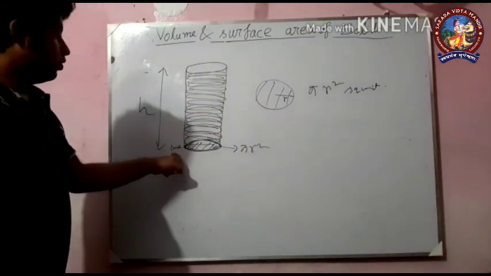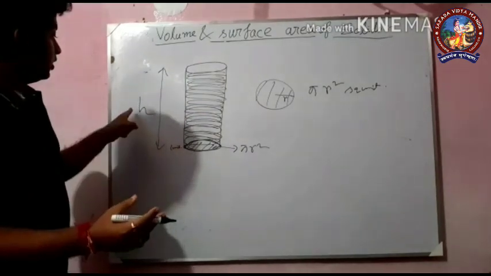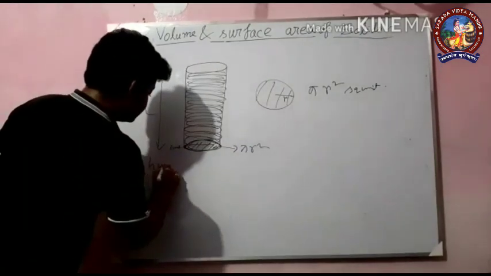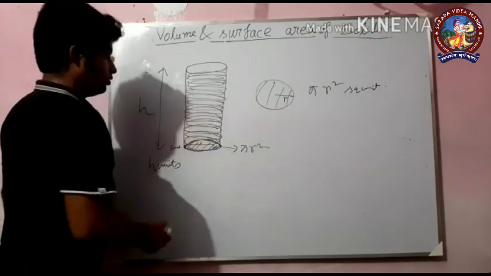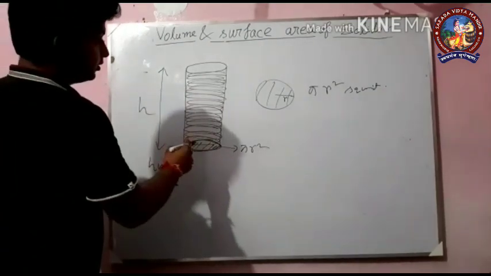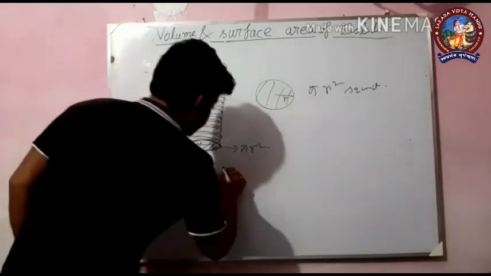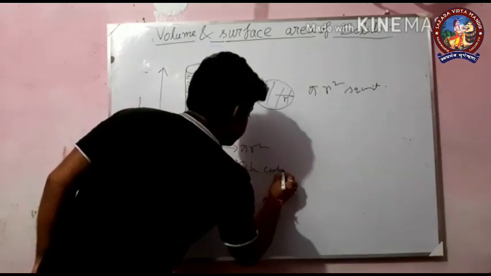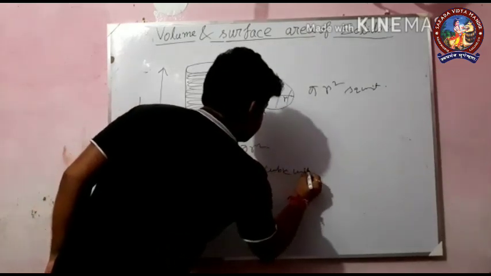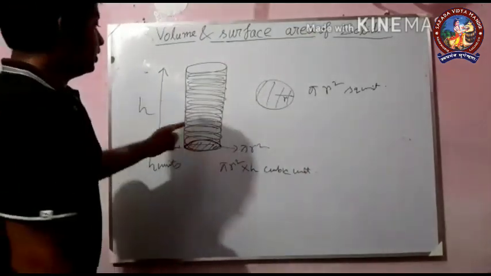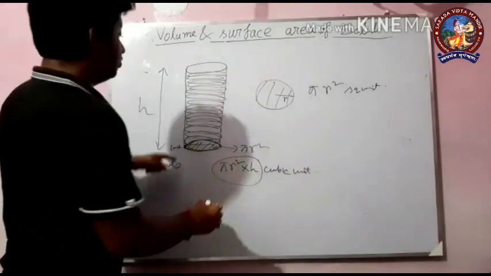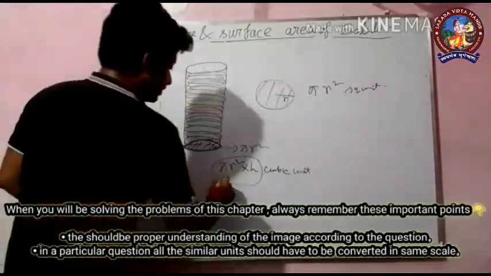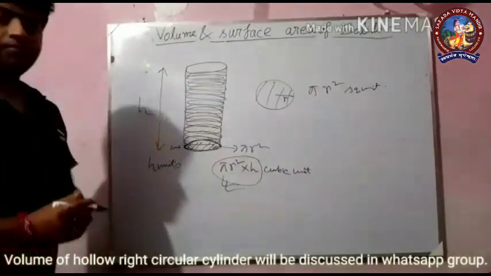There was 1 unit for one plate, so if the height is h, then I will have h units of the plates, right? So the capacity will be pi r square into h cubic units. So maximum I can accommodate pi r square into h units of circular plates in this cylinder. That is exactly the formula of volume for the cylinder. Okay.